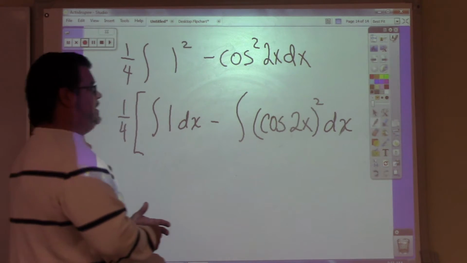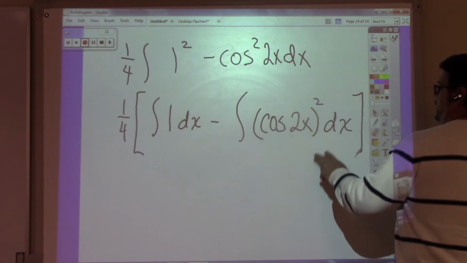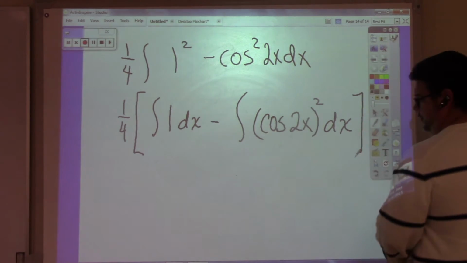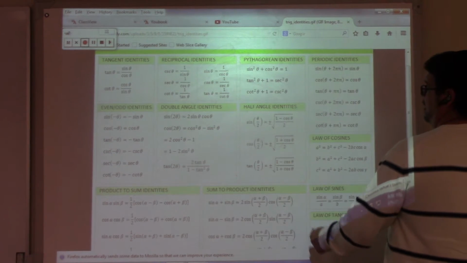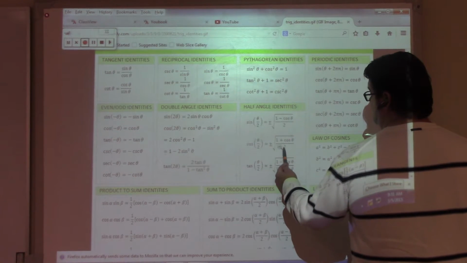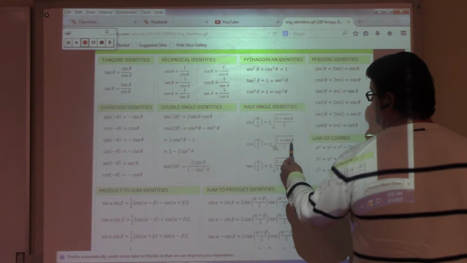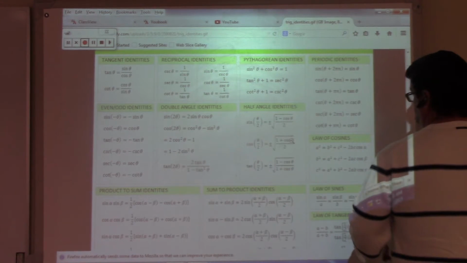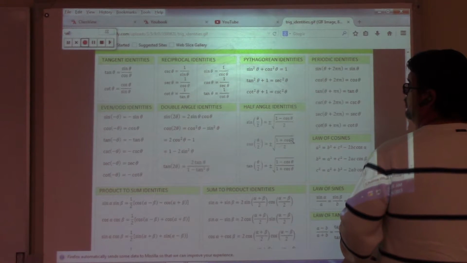Because the square here gets rid of your radical, so you can rewrite it according to that identity. So that would go away, and that's going to be 4 theta. Where'd you get the cosine 2 theta?